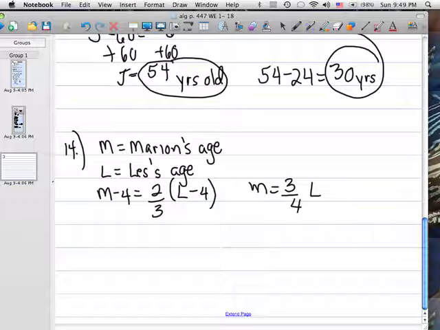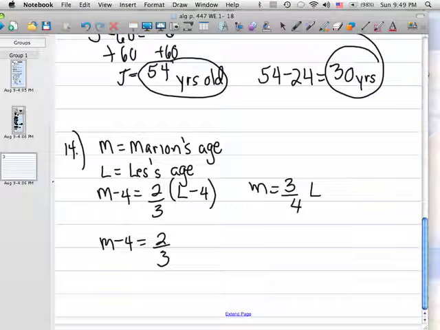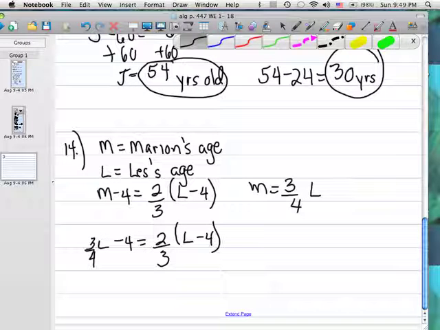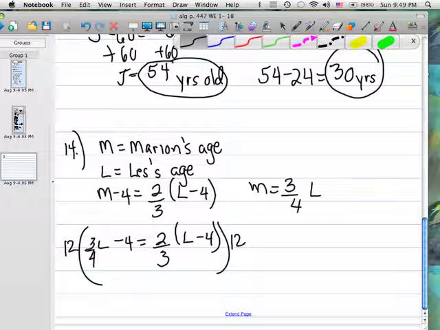So if I substitute that in, I get M minus 4 equals 2/3. Wait a second. Substitute in for M, 3/4 L, times L minus 4. I'm going to multiply both sides by 12 to get rid of the fractions. So 4 goes into 12, 3.